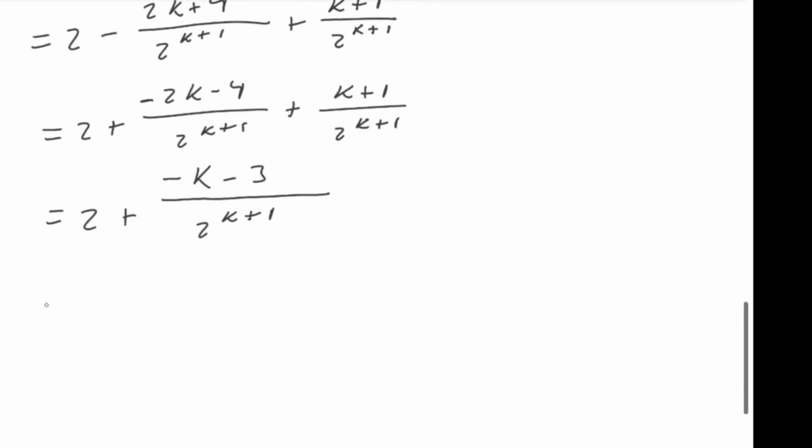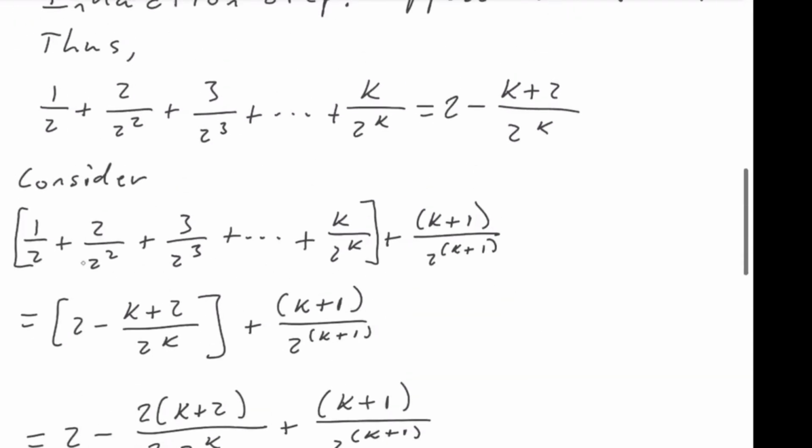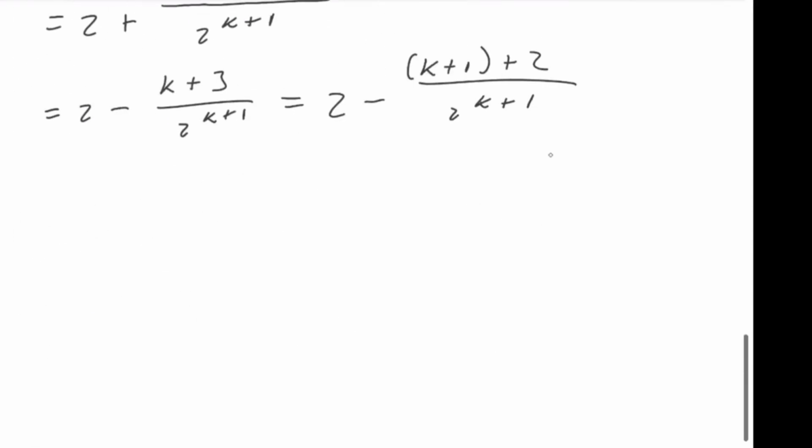And I can rewrite this as 2 minus k plus 3 over 2 to the k plus 1, or 2 minus k plus 1 plus 2 over 2 to the k plus 1, which is what I wanted, right? I wanted to show that the sum up to the k plus 1 terms is equal to the formula if I plug in k plus 1.